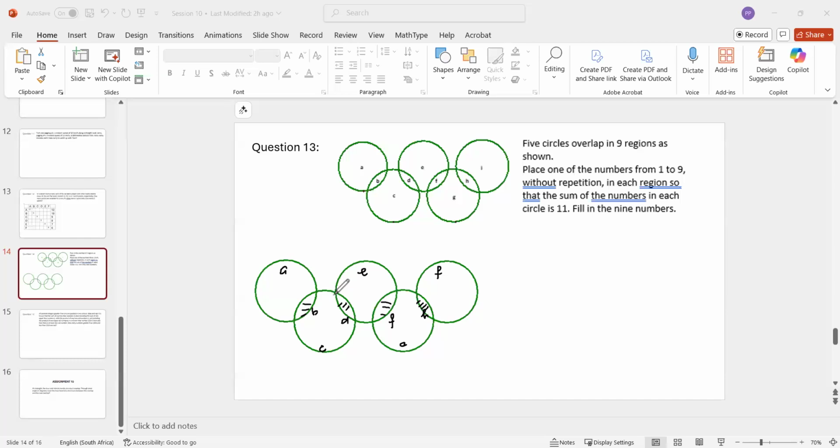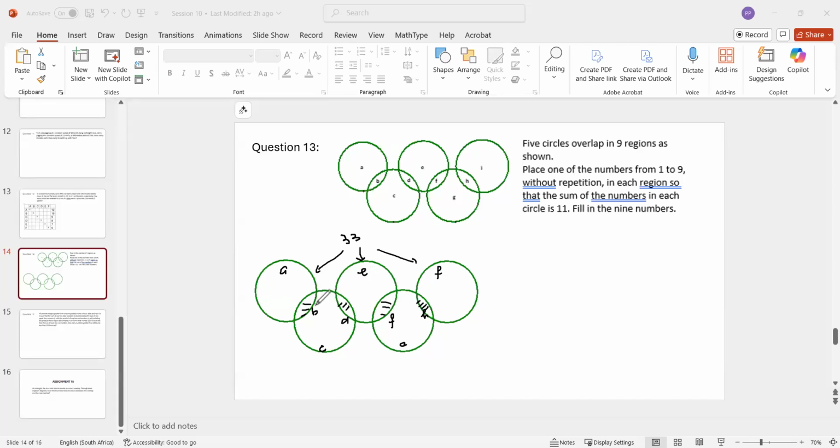All right. Now the way you do this, it requires a certain amount of thought. So you'll have to ask yourself, look, let's just look at the top three. These three together will add 11 plus 11 plus 11 altogether, right?